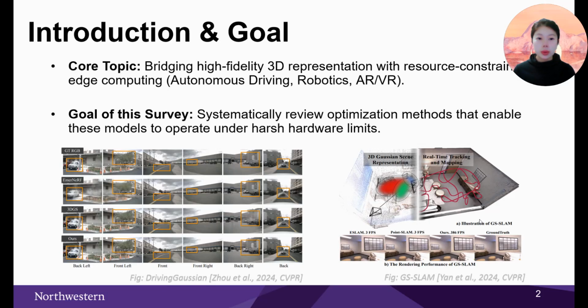Before diving into the technical details, let's first look at the big picture. Over the past few years, computer vision and computer graphics have gone through a major paradigm shift. Traditionally, 3D reconstruction relied heavily on classical geometry-based techniques, such as structure from motion or multi-view stereo. These approaches explicitly reconstruct surfaces or point clouds.